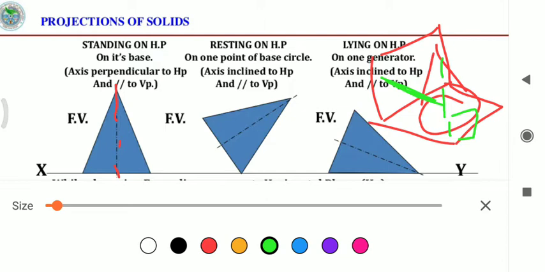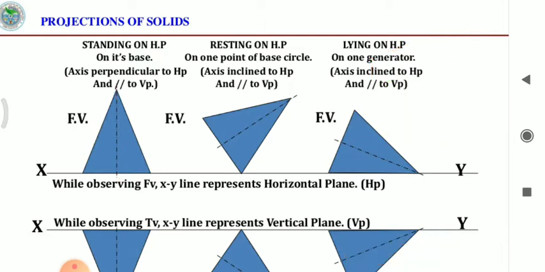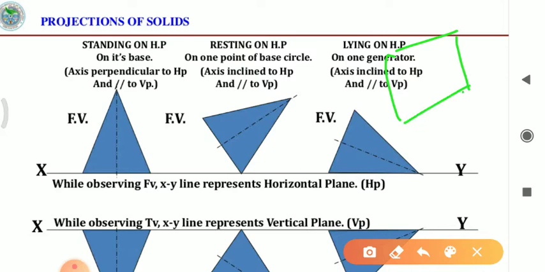Another way: if I keep the same solid on VP like this, the axis is parallel to HP and the axis is normal to VP.